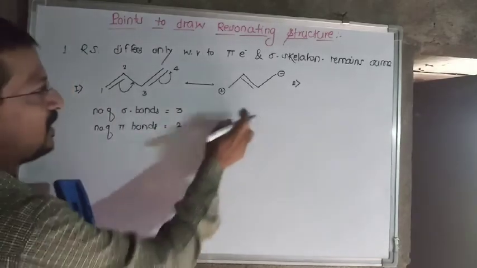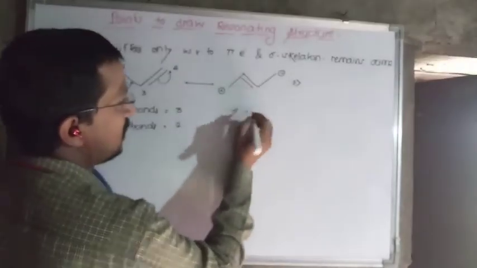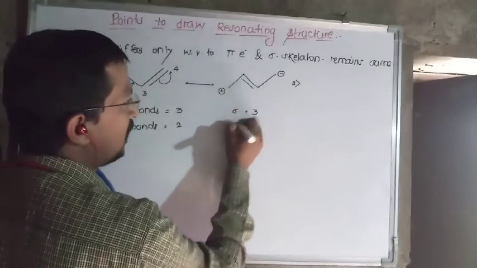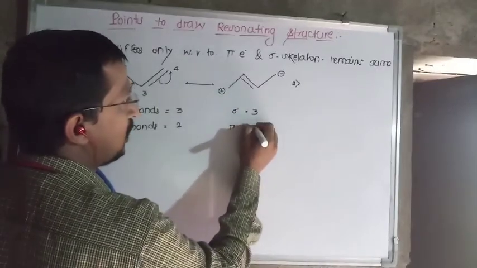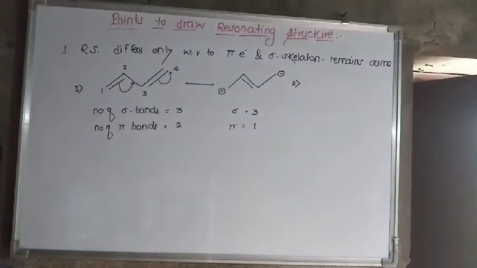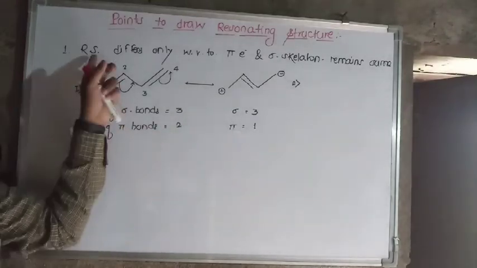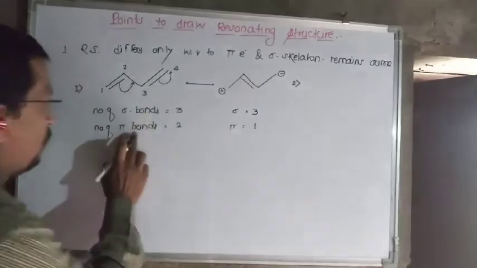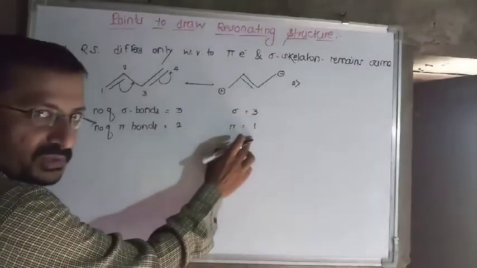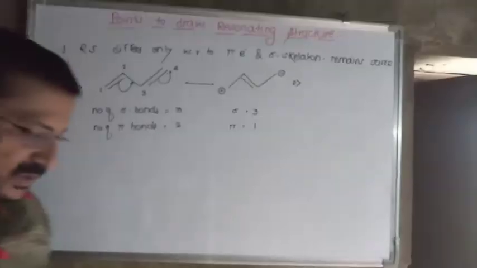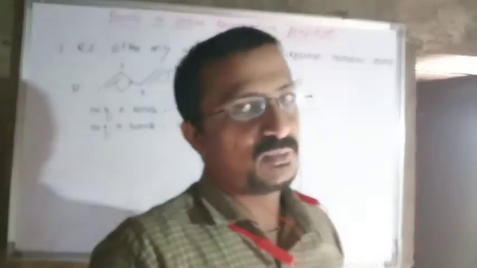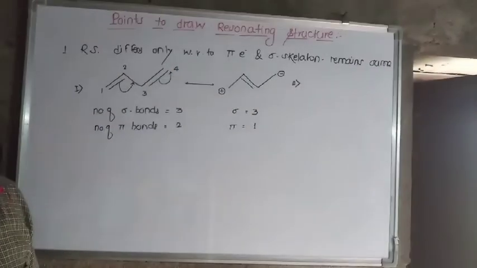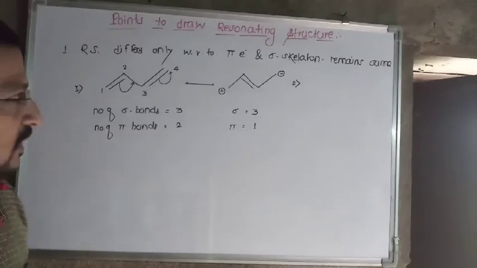In the second structure, the number of sigma bonds is yes, 1 2 and 3, and the number of pi bonds is only one pi bond. Now see the first point: resonance structures differ only with respect to pi electrons. Here 2 pi bonds are there, here 1 pi bond is there, isn't it? So this is the first point. All resonance structures differ from each other only with respect to the pi electron system. Their sigma bond skeleton remains the same.